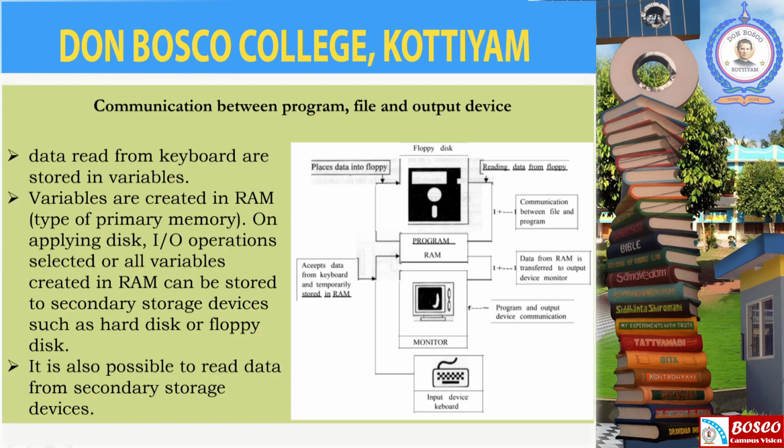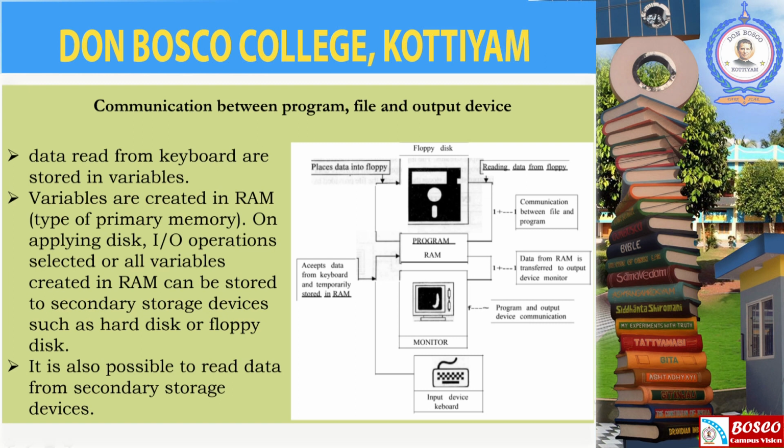The communication between program, file and output devices takes place according to the figure given here. Here a floppy disk is used as the secondary storage device, there is a space provided for the RAM, the monitor is used as an output device, and the keyboard is used as an input device. When we run the program, it accepts data from the keyboard and is temporarily stored in RAM.